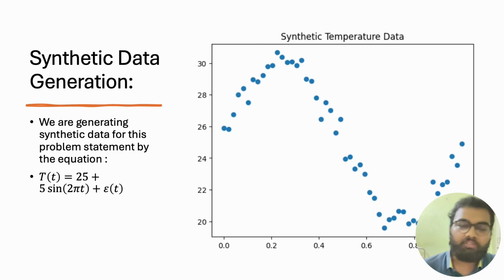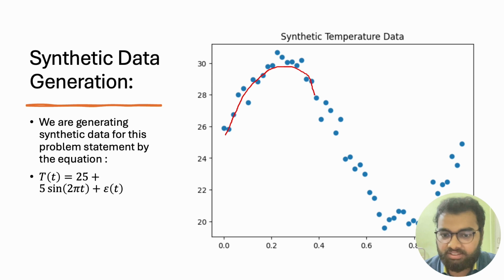And yeah, so before that I would like to make a synthetic data with additional noises, so that our model will not be able to capture the equivalent equation for this. So as we can see, this is a sine wave going like this, and we have some additional noises.